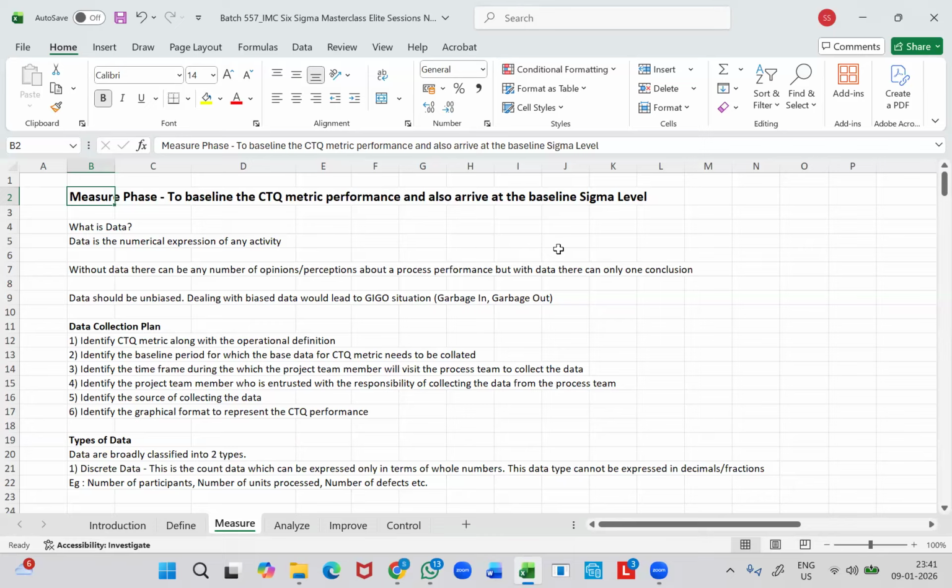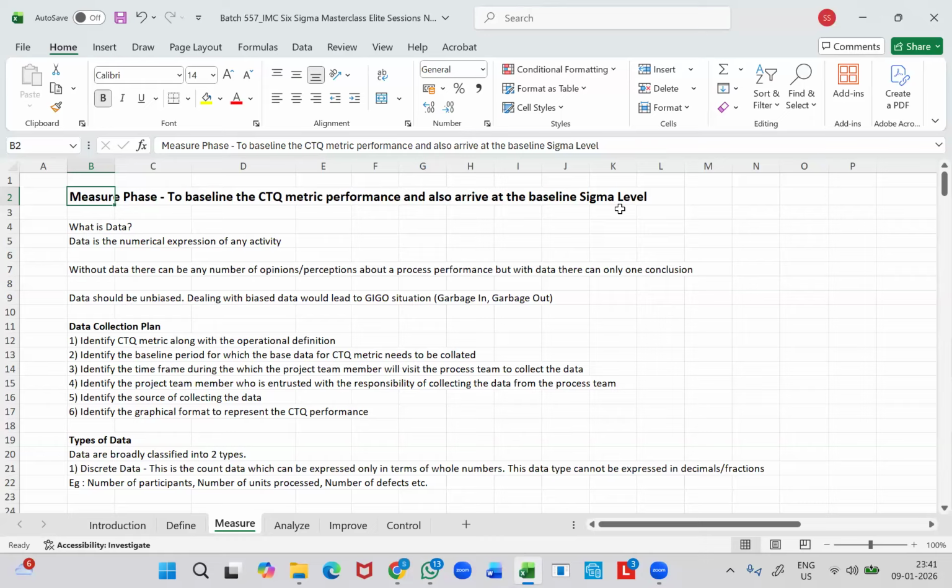So one of these two metrics can be considered for calculating the sigma level. At the end of the measure phase, we will also learn how to calculate the sigma level and we will arrive at the baseline sigma level. So this baseline CTQ metric performance will be indicated in terms of sigma level, and that is what we would call the baseline sigma level.